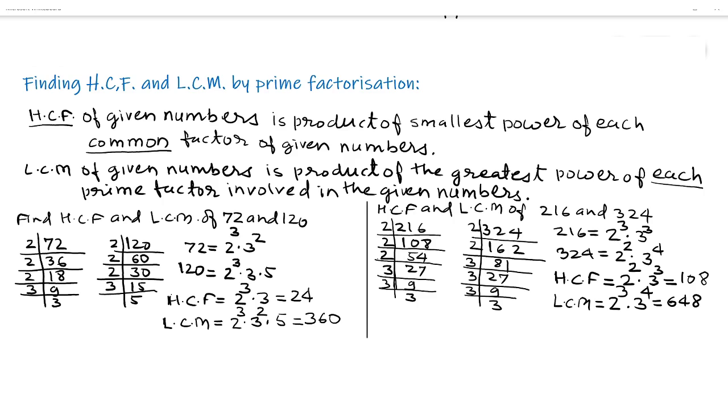So HCF of the given numbers 216 and 324 is 108, and LCM is 648. This way we can use the prime factorization of given numbers to find HCF and LCM of given numbers.